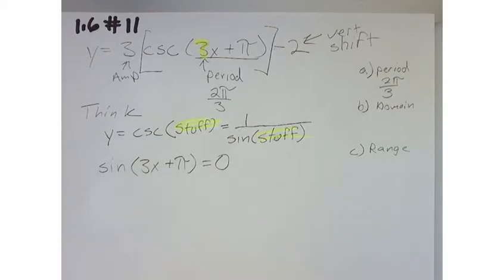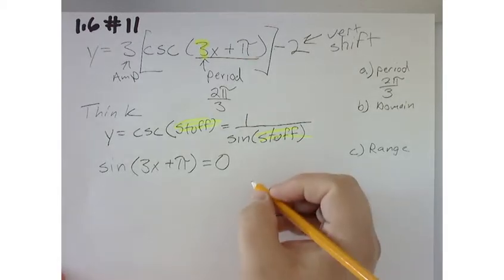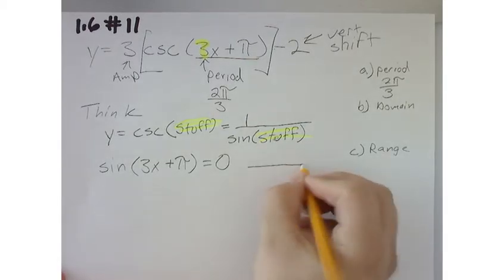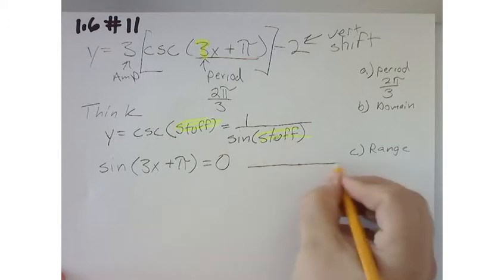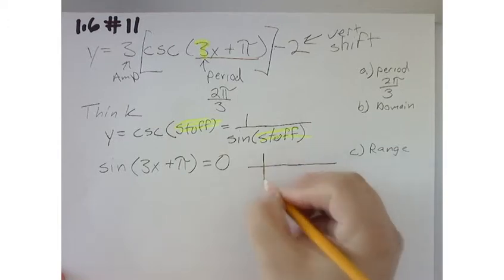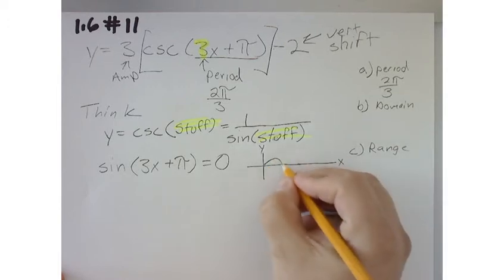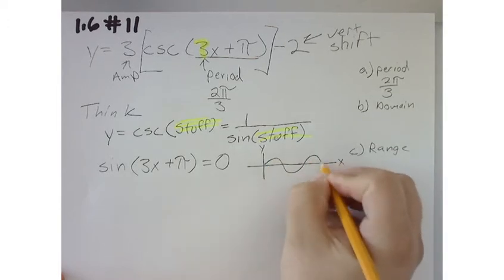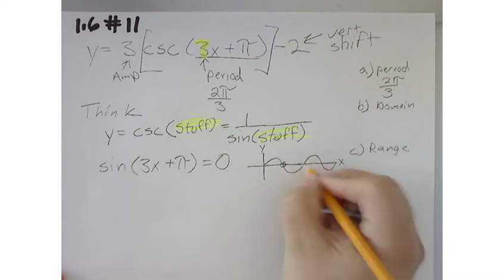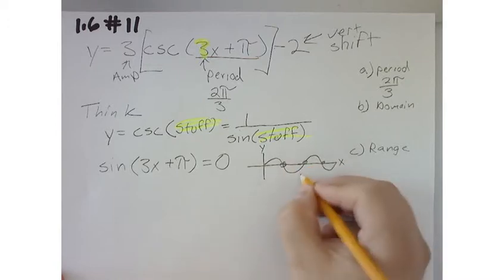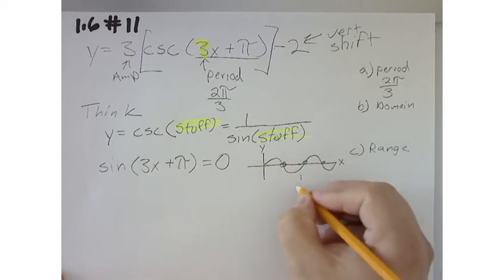So when does sine equal 0? Well, if you remember the function of sine, if this is my y and this is my x value, sine does one of these wavy deals like this, and it equals zero here. Now, we know that it has a period of 2 pi.